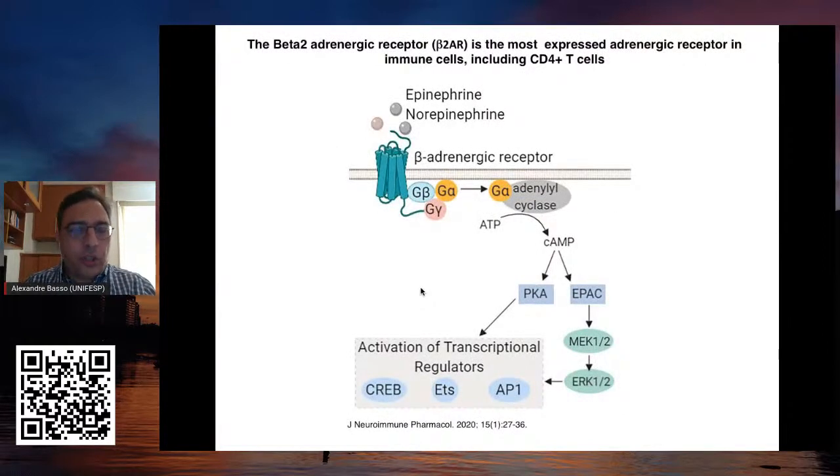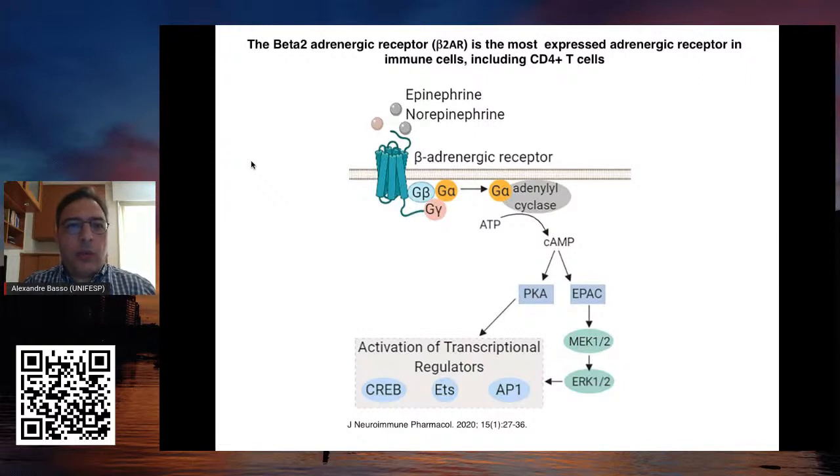So I don't have time today to show you the whole data, but we had good reasons to believe that at least in part, the increased activation of beta-2 adrenergic receptors could explain the EAE phenotype in those animals with the hyperactive sympathetic nervous system.